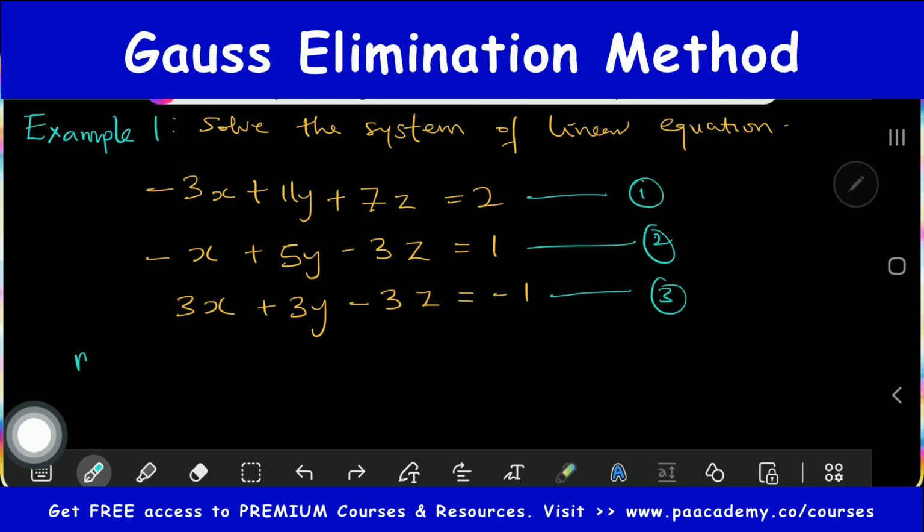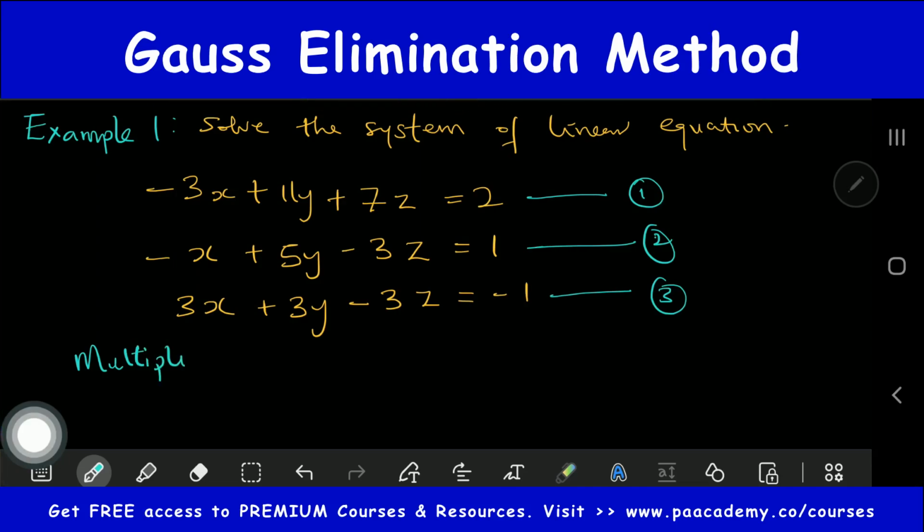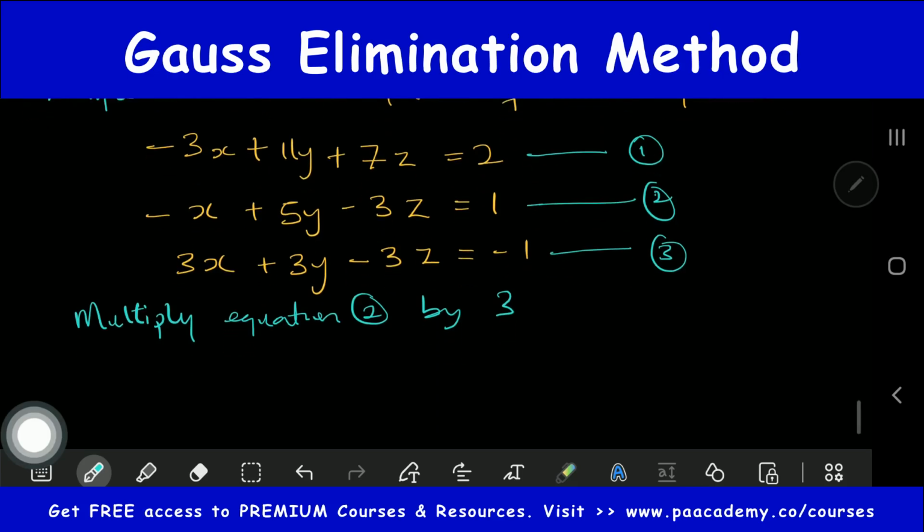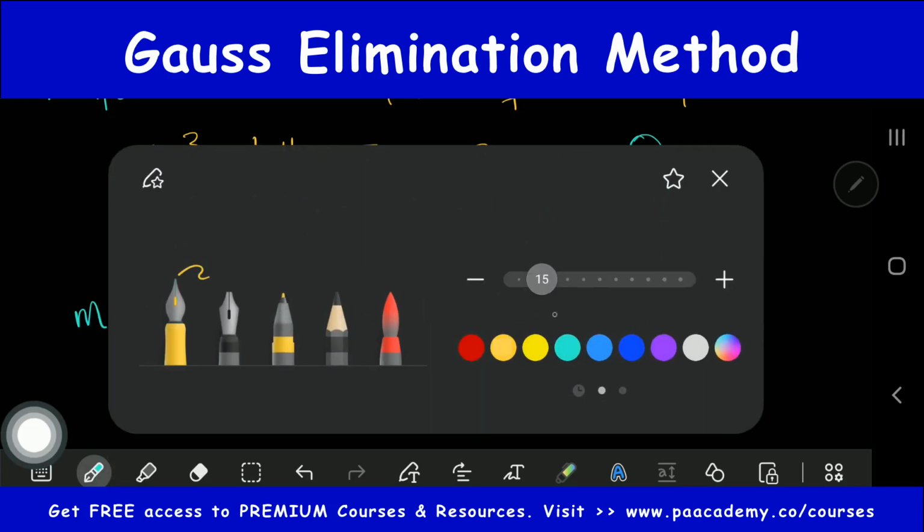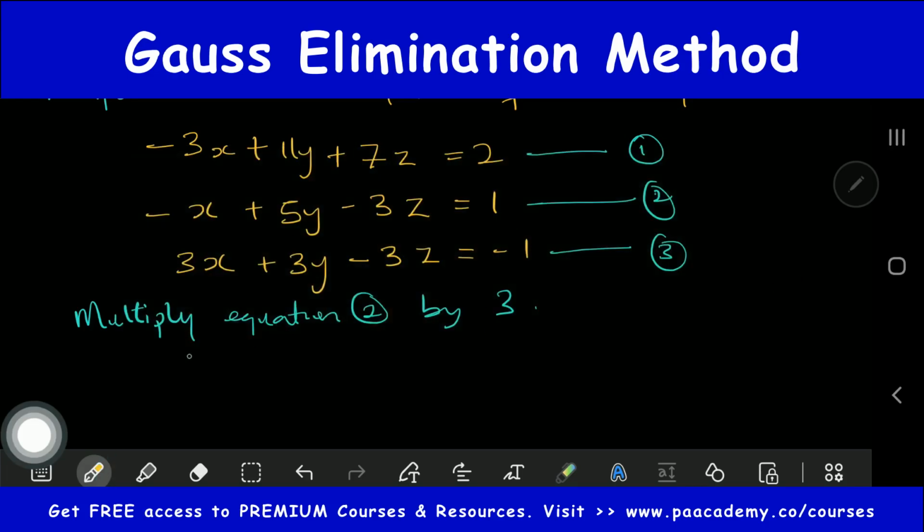I'm going to multiply equation 2 by 3. The reason I'm multiplying equation 2 by 3 is because I want to combine equation 1 and 2.